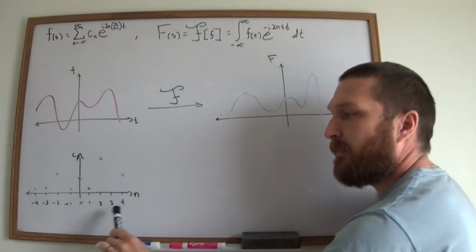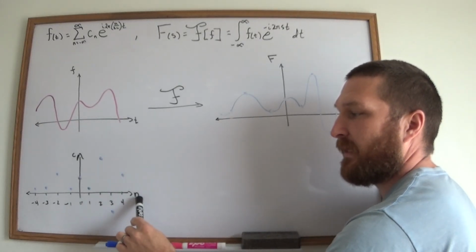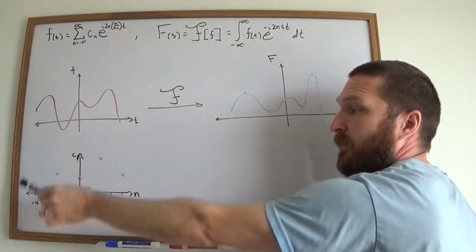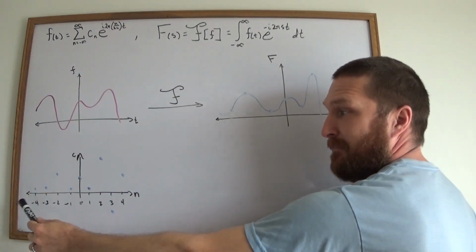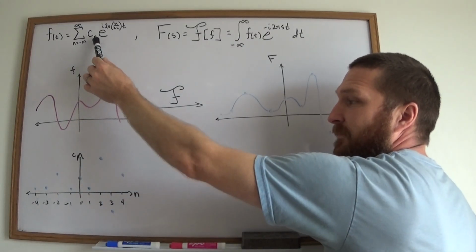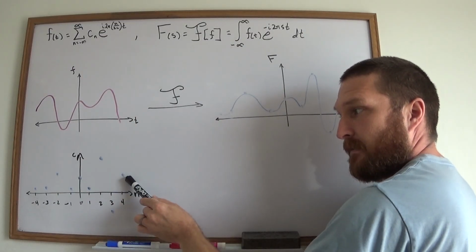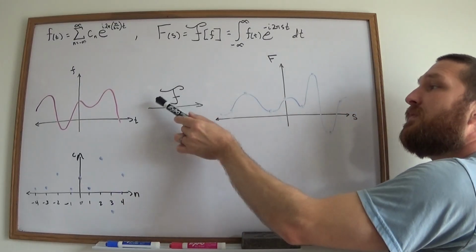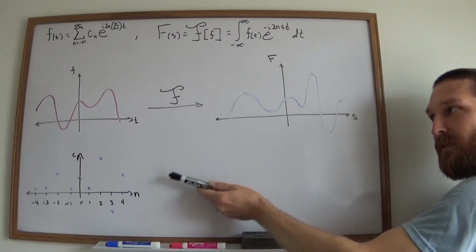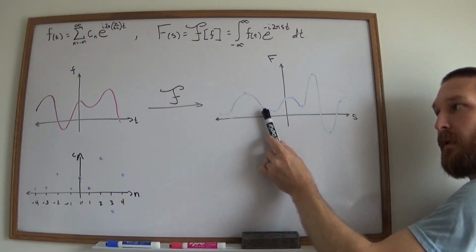You have infinitely many frequencies you could get by plugging in your different values of n. Because n goes from negative infinity to infinity, you're going to have infinitely many of them. And each one of these dots represents what the value of that coefficient is. But when you take the transform, it's the same thing as this. The only difference is there's no limit to how many.